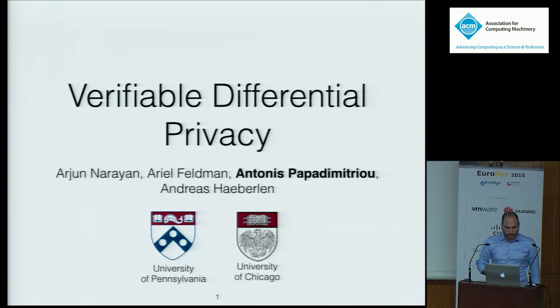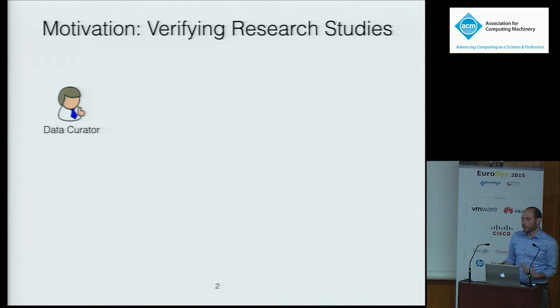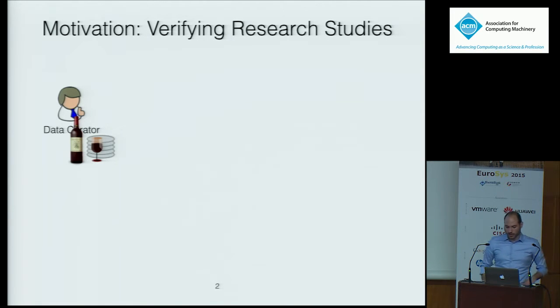So, all of us should be familiar with how research papers are published. Initially, someone owns an interesting database. For example, the Eurosys organizers could have data about alcohol consumption during the banquet dinner.